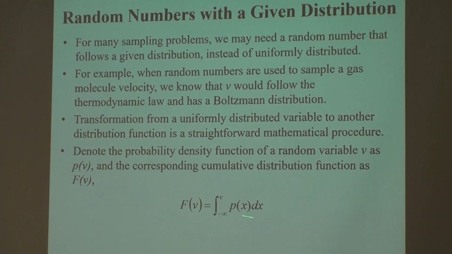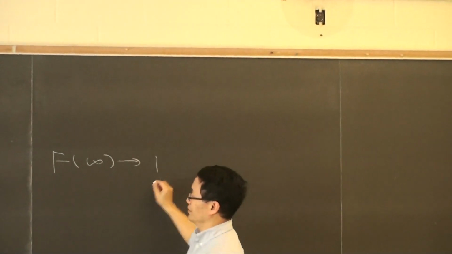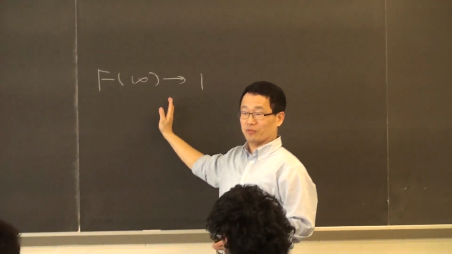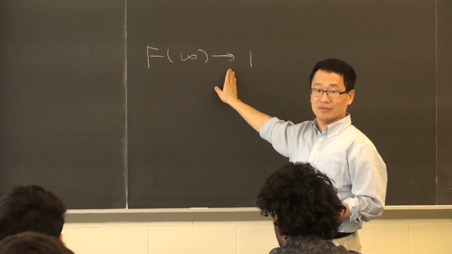For sure, you all know that F(V) will go to 1 when V goes to infinity. It starts from 0 and goes to 1. Regardless of whatever this P is, F at infinity will approach 1. This is just normalization; if your P is properly normalized, this is always true.